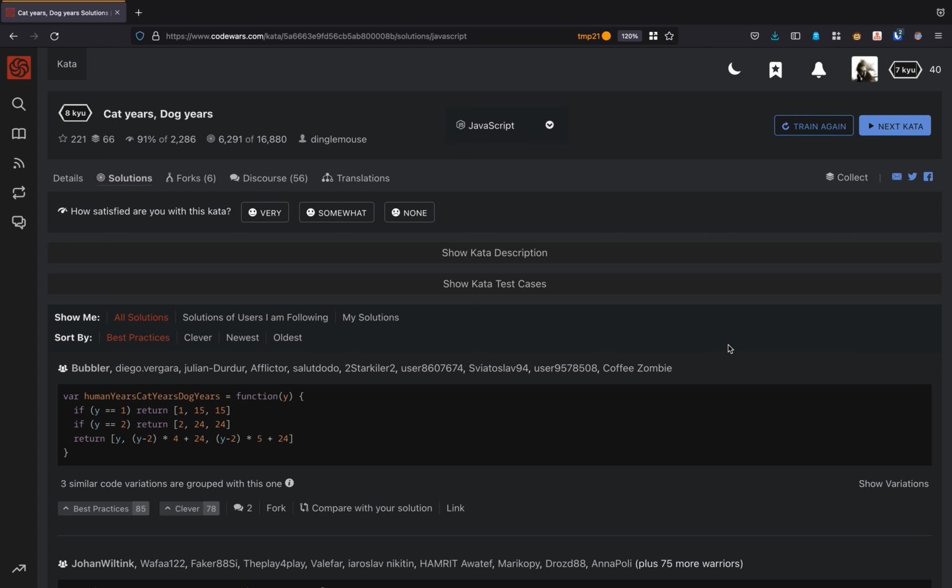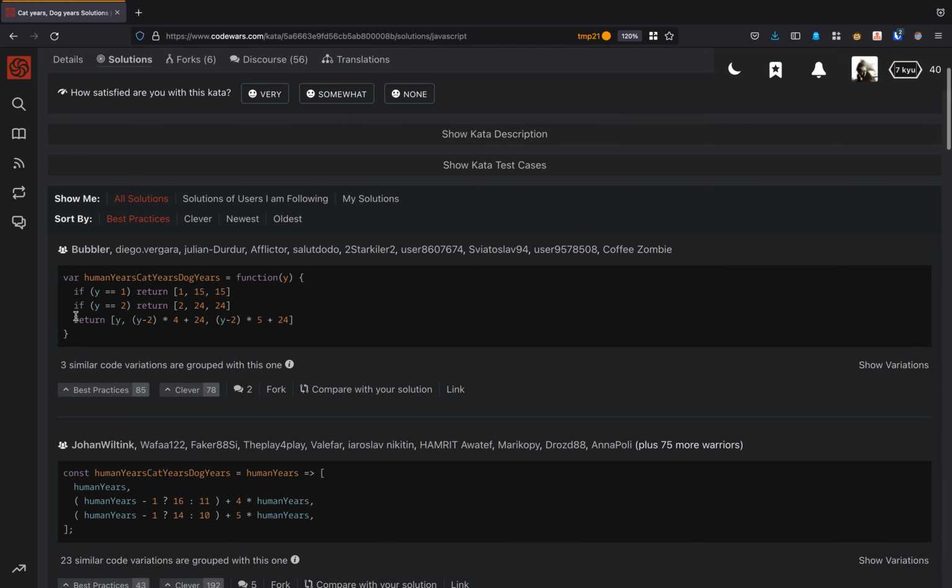Okay, let's have a quick look at how others did in this kata. So this is kind of the combined version. It first subtracts the minus 2. Oh, so it has kind of a lookup table for the first 2 answers.